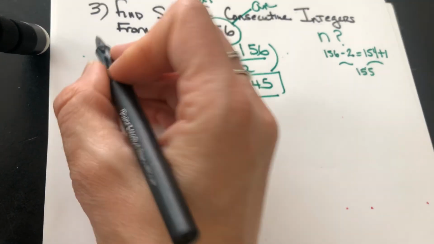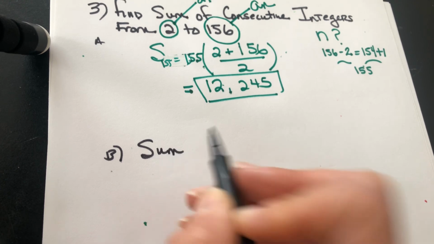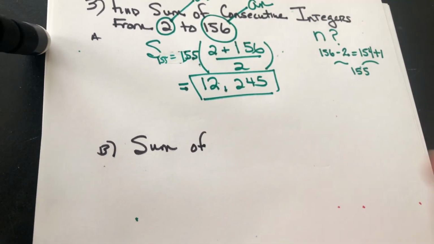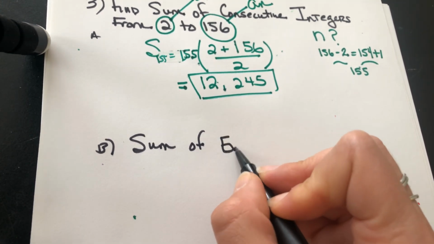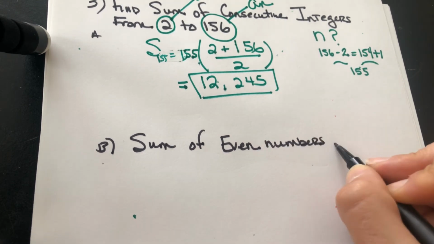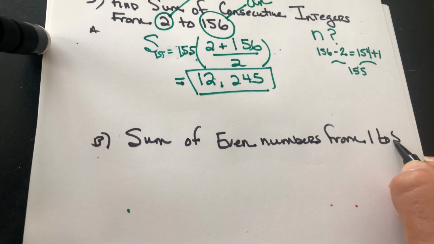Okay, so we'll say that's an A. Here's your B. If I want to find the sum of, we'll say, even numbers from 1 to 50.